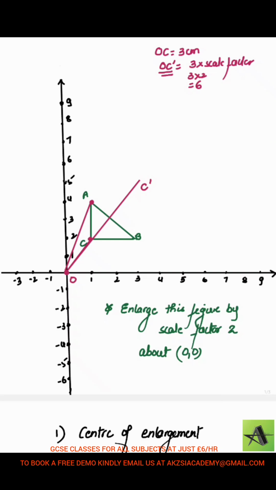Suppose this length turns out to be 4 centimeters. Then 4 into 2, that is 8, would be my new length. So in the same path I have to move, and it would be like this. This would be my A dash.